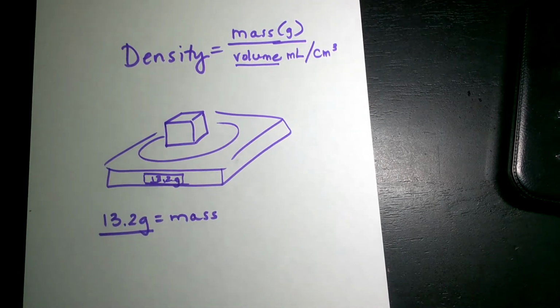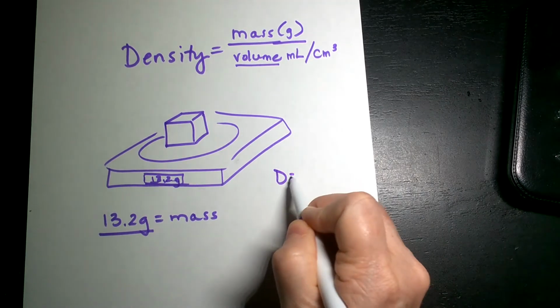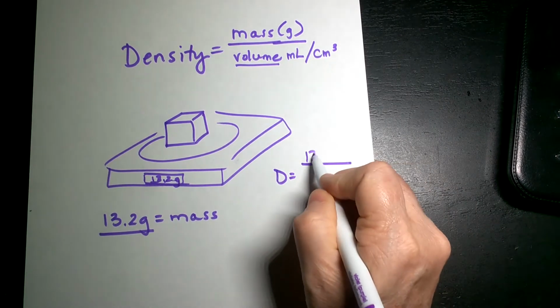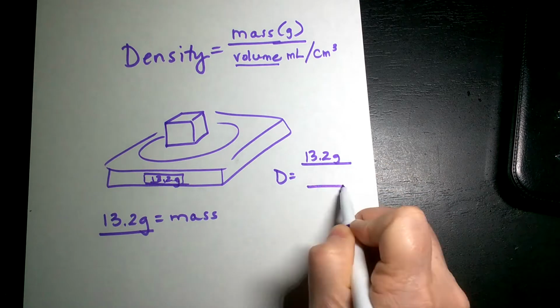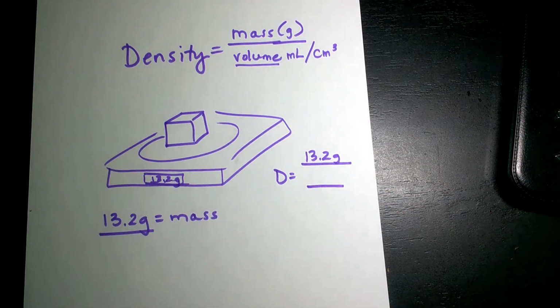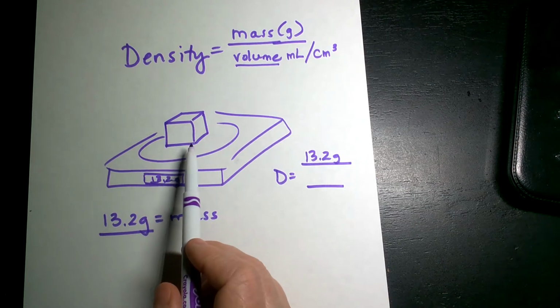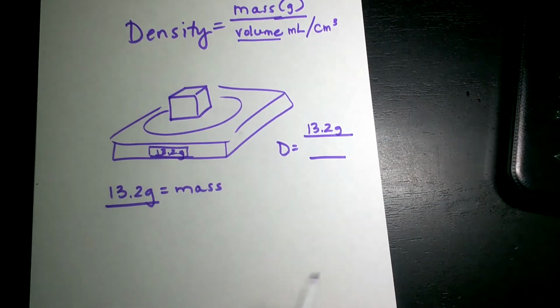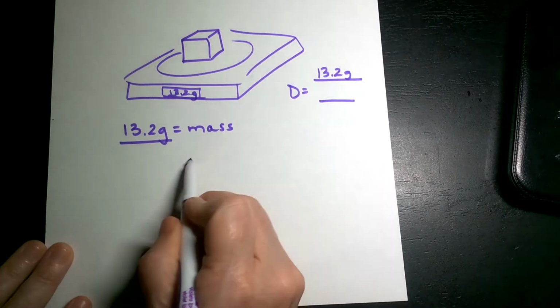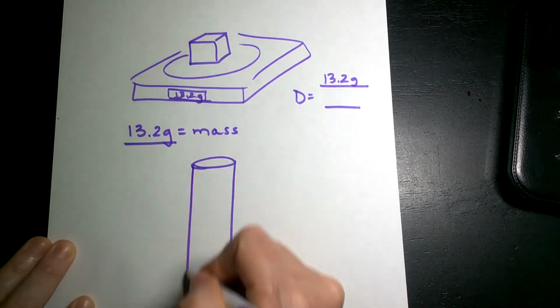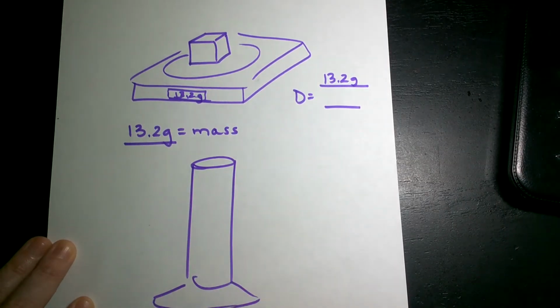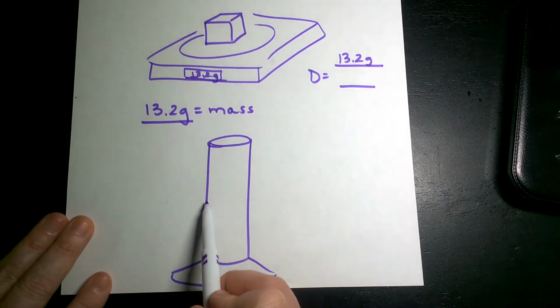So now you would have your calculation, so density, so we're going to put 13.2 grams on the top. We need our volume. This cube is nice and neat, so we could actually find volume two different ways. First way is we could have our graduated cylinder, and we could put water in it.